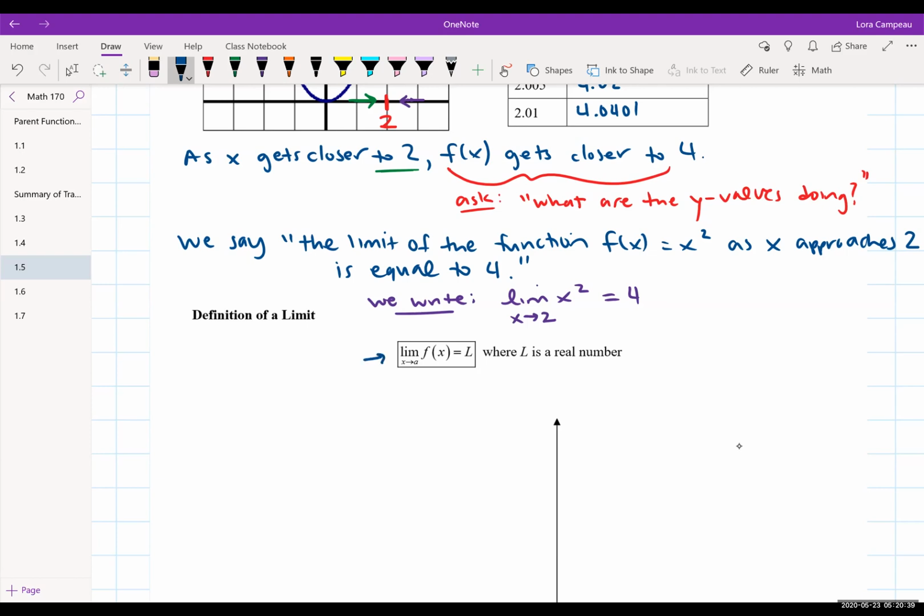So if we're going to say this part in English, we would write the limit of f of x as x approaches a equals L. I know you all know how to translate the equal sign, but I believe the limit notation is something we don't have too much experience in yet.